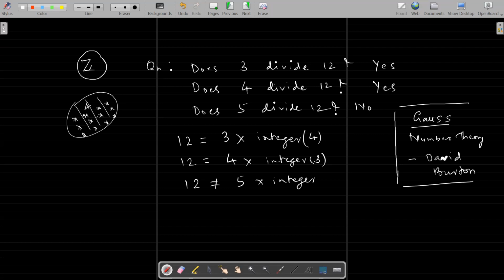If you take the table of any number, say 2, 3, 4, 5, and so on, in the table of 5 nowhere will you come across the number 12, right? So 5 into no integer can be 12. In fact, as somebody mentioned about fractions, 12 I can write as 5 into 12 by 5, right? And 12 by 5, that is 2.4, which is not an integer.